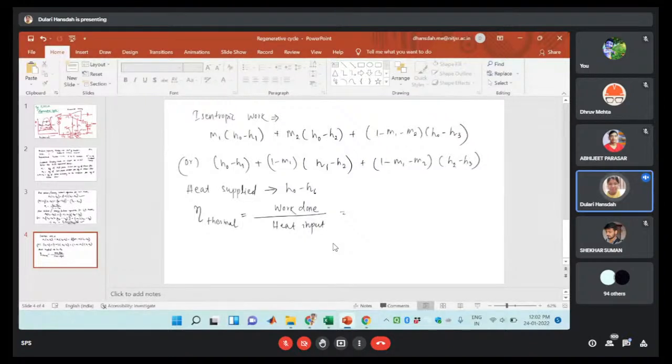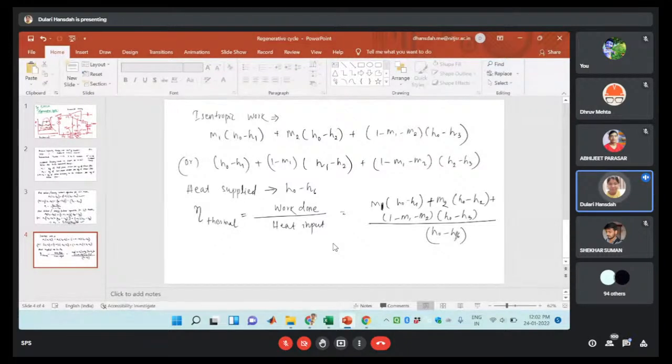So work done is M1 into H0 minus H1 plus M2 into H0 minus H2 plus 1 minus M1 minus M2 into H0 minus H3, upon H0 minus H6, or we can say HF6. Okay, so this is your thermal efficiency.